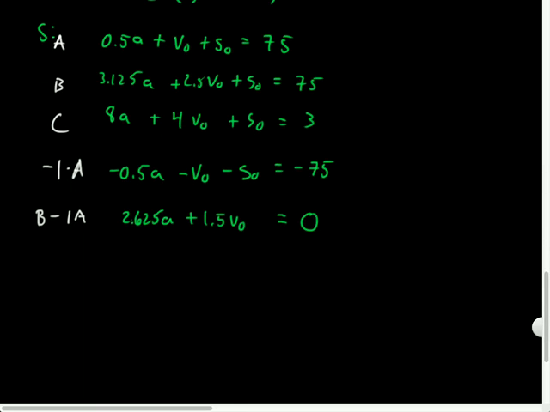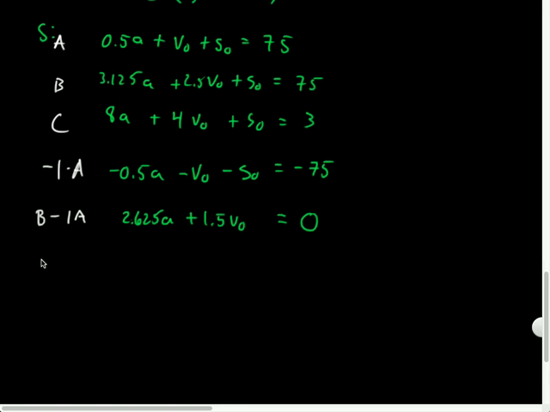Okay, so now, I've gotten rid of one s naught. I've gotten rid of this one. How could I get rid of this one here? Don't you add negative 1a to c? Sure, I like it. I like it a lot.